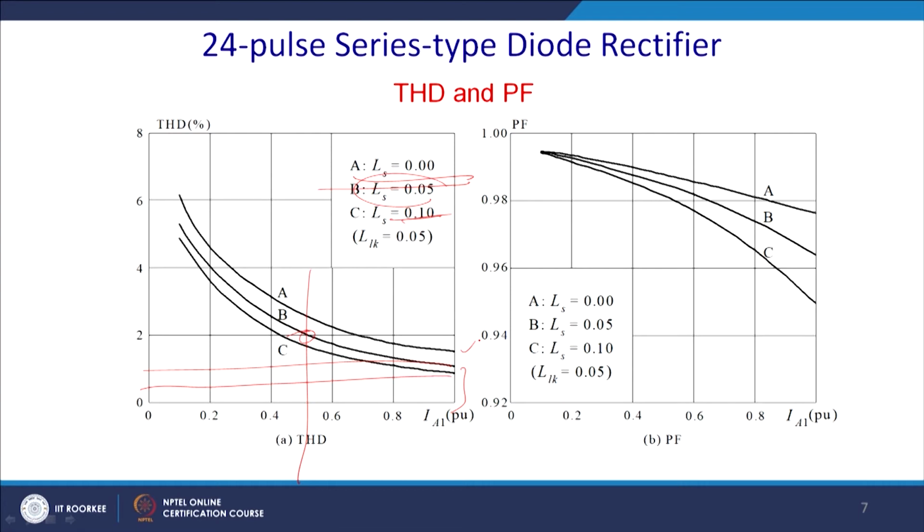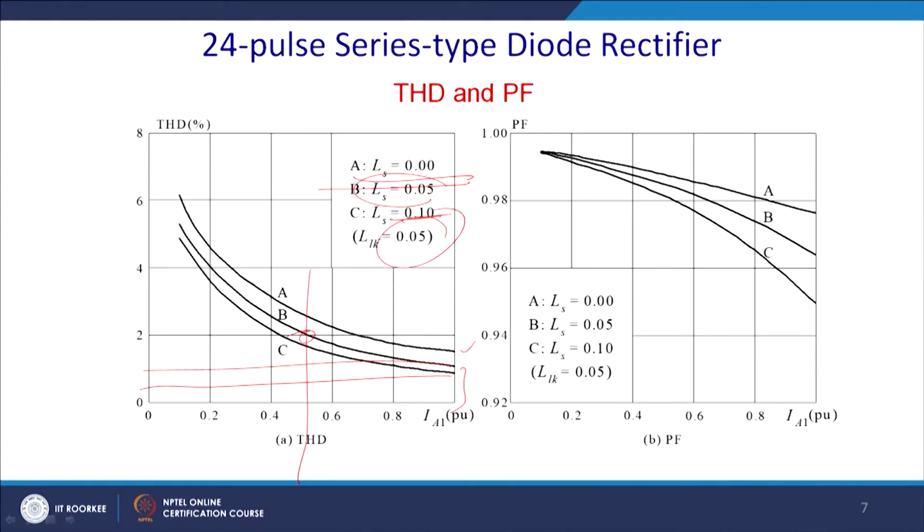So, up to half of the load, this 24 pulse converter for 5% source inductance is quite feasible and practical, and with 5% leakage reactance you can easily get 2% THD.